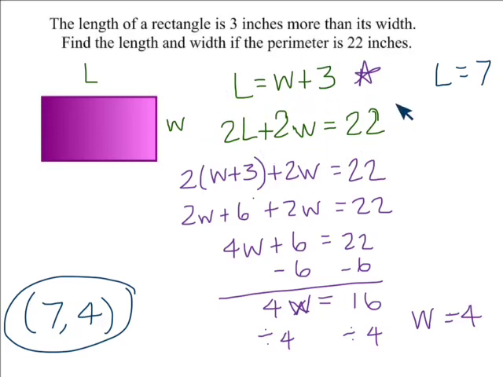My perimeter, which is 22 inches, 2L plus 2W, that's perimeter. I plug in what L is right here. I do my distributive property. I add my like terms, and then I subtract my 6. I get W to be 4 and my length to be 3.